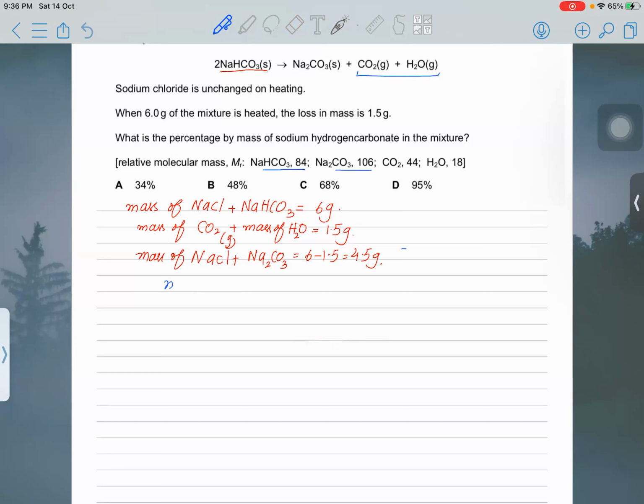Let's suppose mass of NaHCO3 is X gram. Now find the ratio between NaHCO3 and Na2CO3, which is 2:1, right?